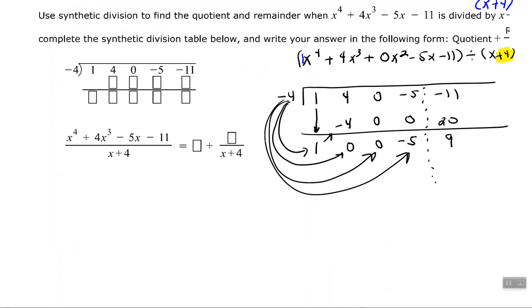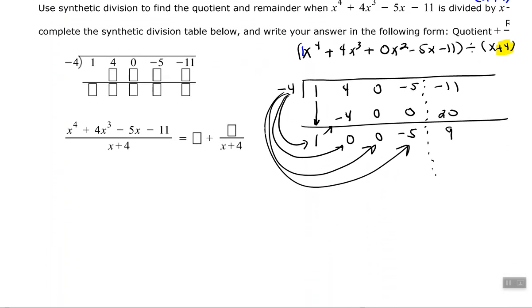Okay, so we started off with x to the fourth in our dividend, so our answer will start off with x to the third, and the coefficients for our quotient are right there. So 1x to the third, 0x squared plus 0x minus 5 plus the remainder of 9 over x plus 4.